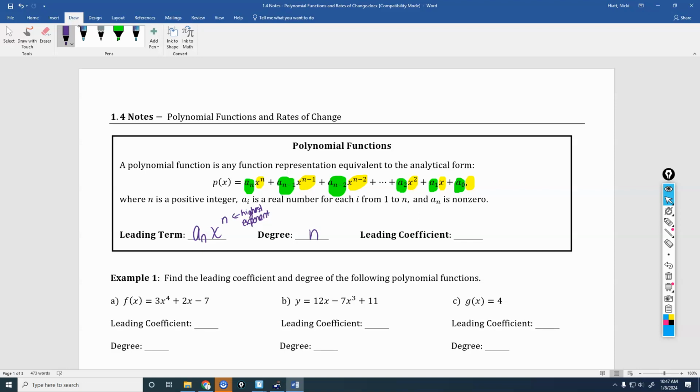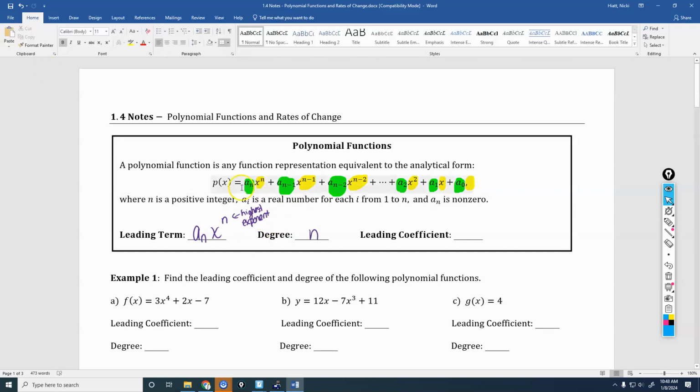And your leading coefficient is going to be the A sub n that you see right here. So that would be A sub n. It's the number in front of your x. So your degree is that n. That is just your highest exponent.